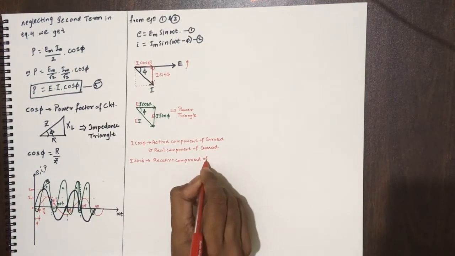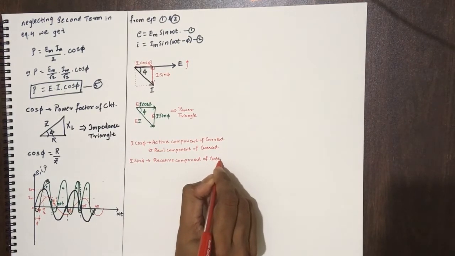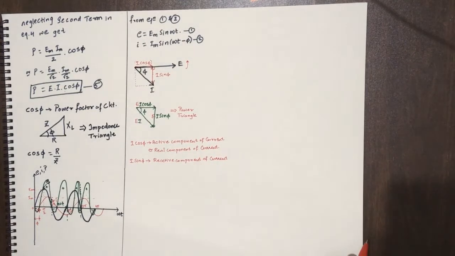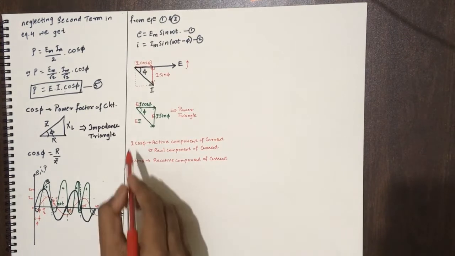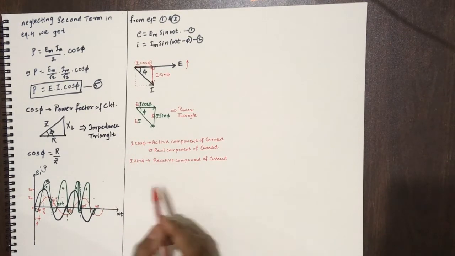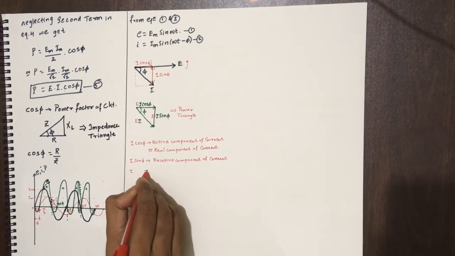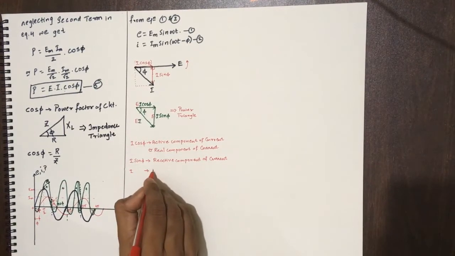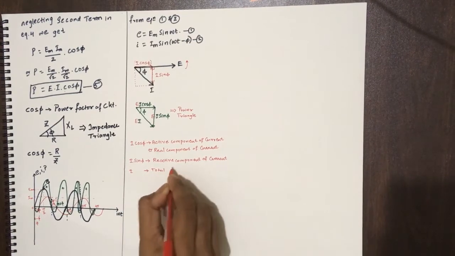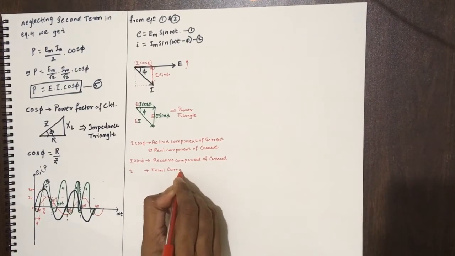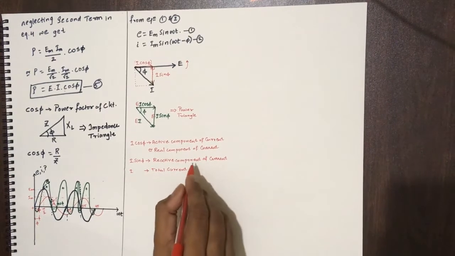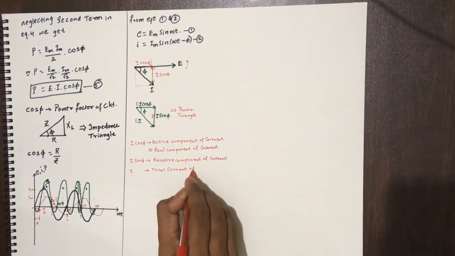Now, these two currents, and there is one more current I, which is the vector sum of both the currents. It is called the total current of the circuit.